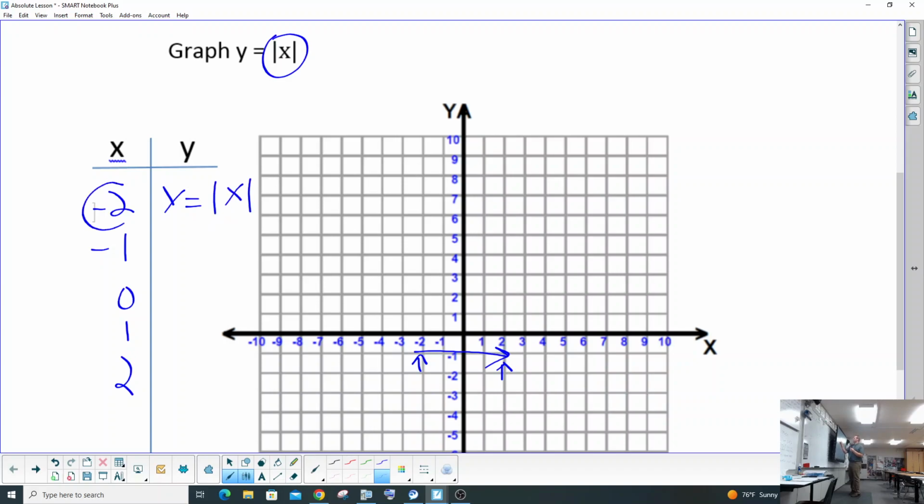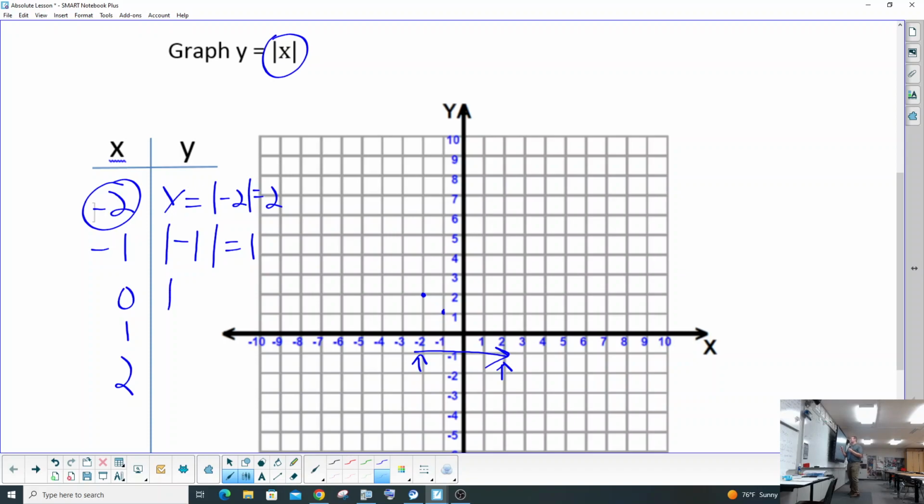In place of x, I put -2, and the absolute value of -2 is +2, so we go left 2, up 2. Then the absolute value of -1 is +1, since it turns anything positive. So left 1, up 1, good.